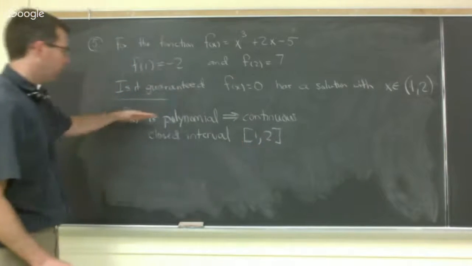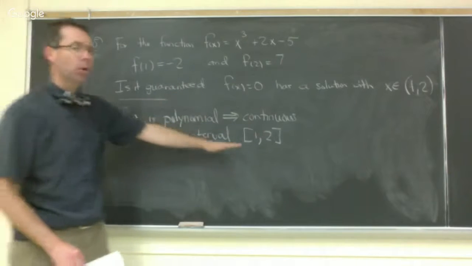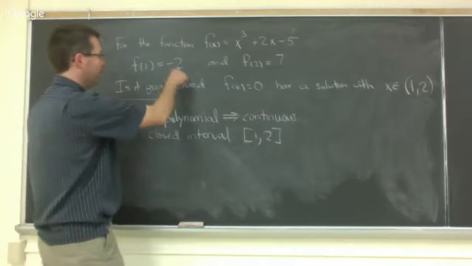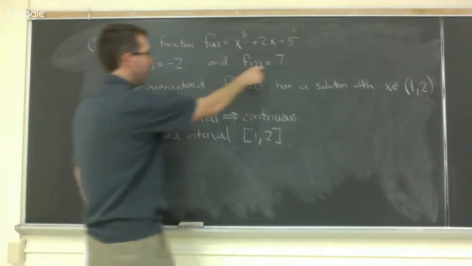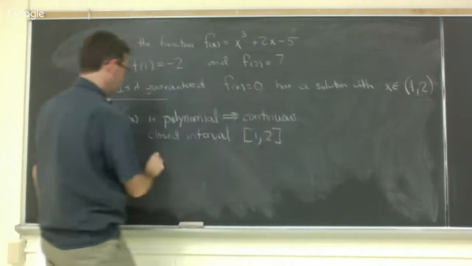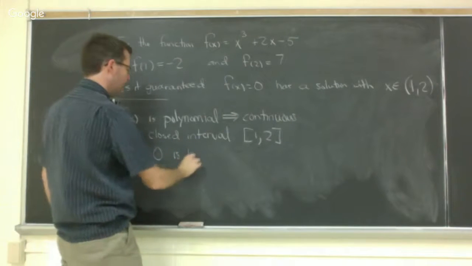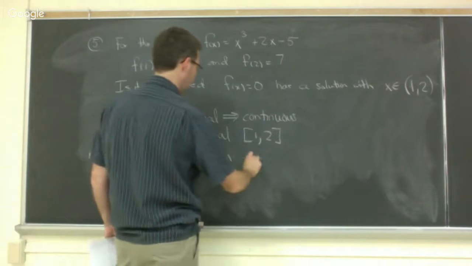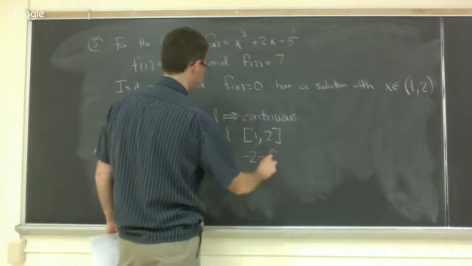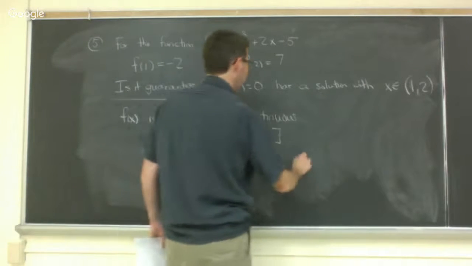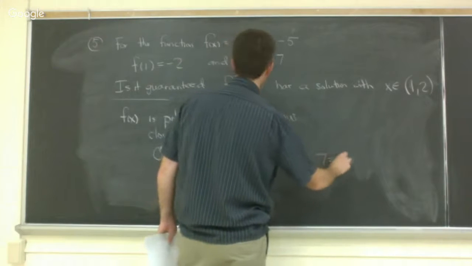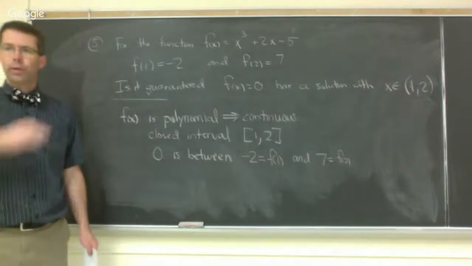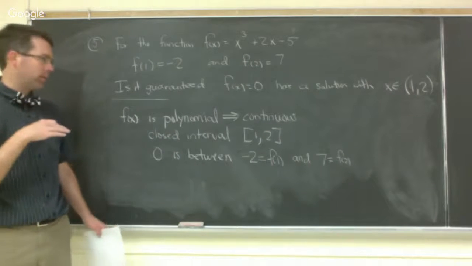So we have a continuous function on a closed interval, and f of 1 is negative and f of 2 is positive. 0 is between -2, which is f of 1, and 7, which is f of 2. So I've got a y value between -2 and 7.